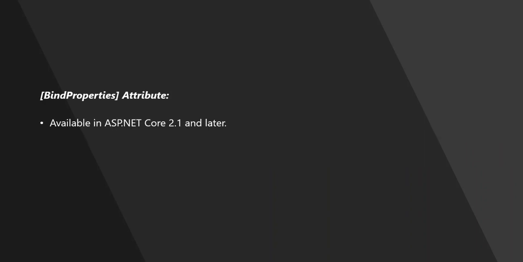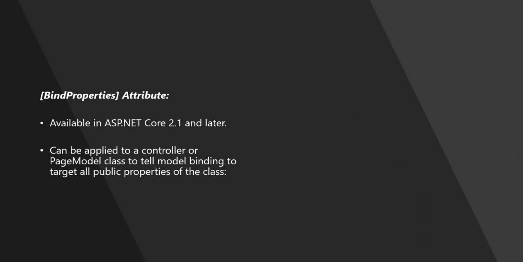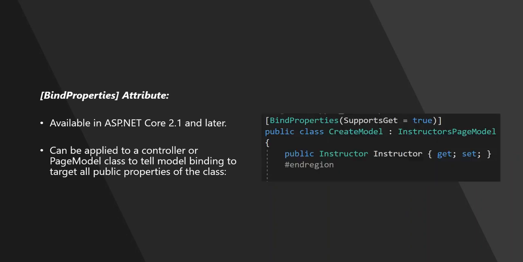BindProperties is available for ASP.NET Core 2.1 and later versions, and it can be applied to a controller or page model class to tell model binding to target all public properties of the class. Previously we saw that BindProperty supports only the one property it is decorating, but here BindProperties is applied at the class level.